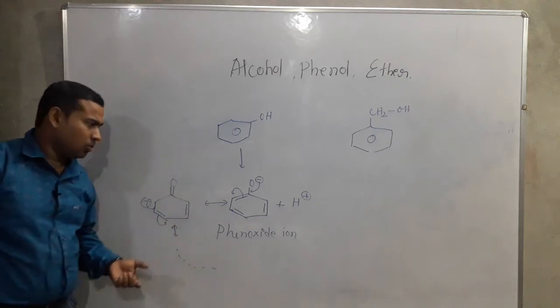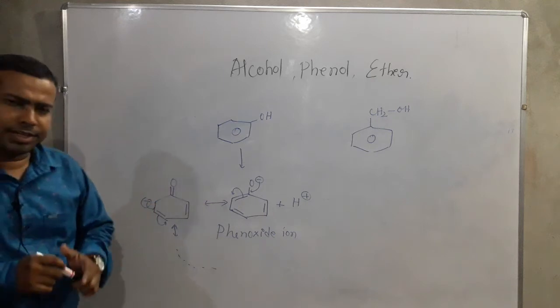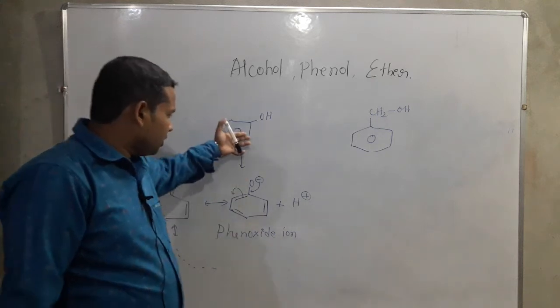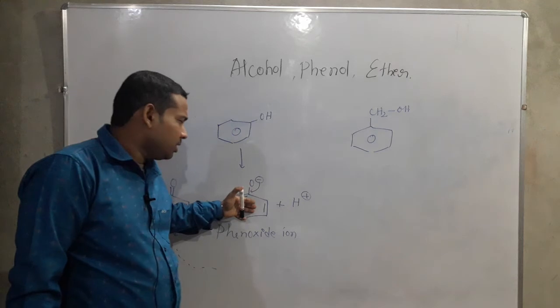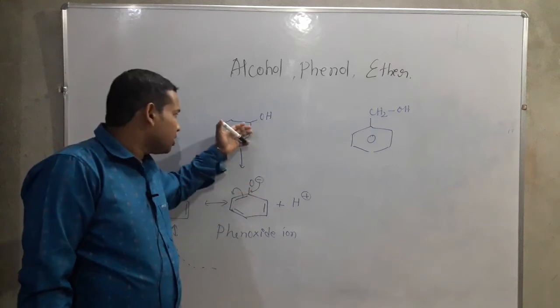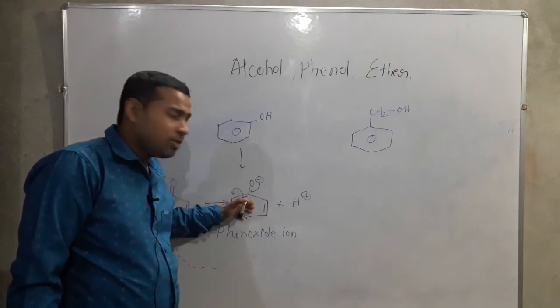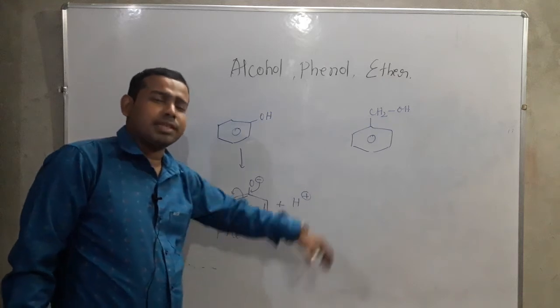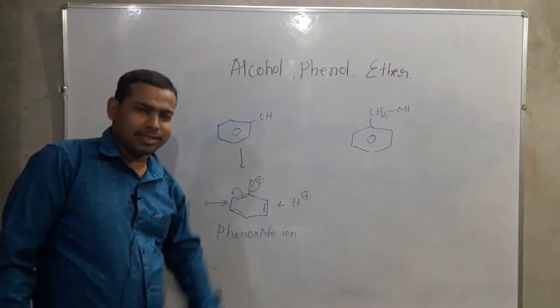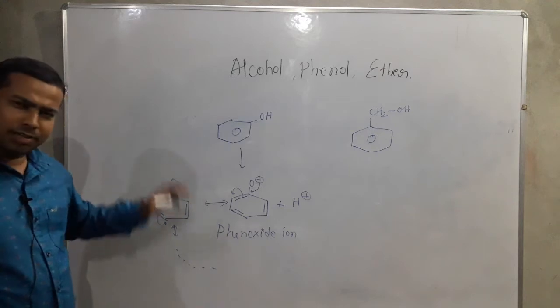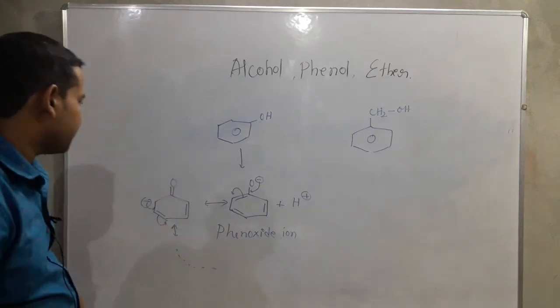Continue it. So this phenoxide ion is highly stable in nature. That's why phenol dissociates and forms the phenoxide ion, and side by side it produces H plus ion. That's why this one is acidic in nature also. Clear? Okay. Next.